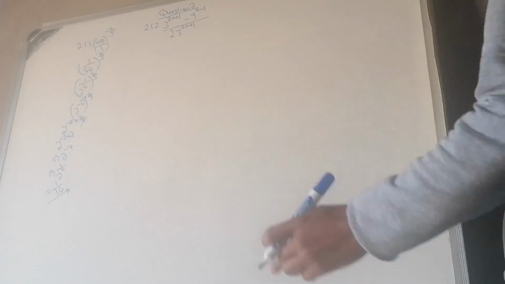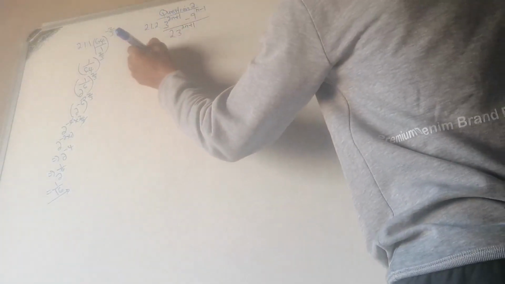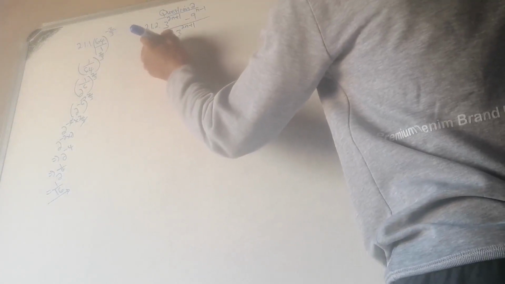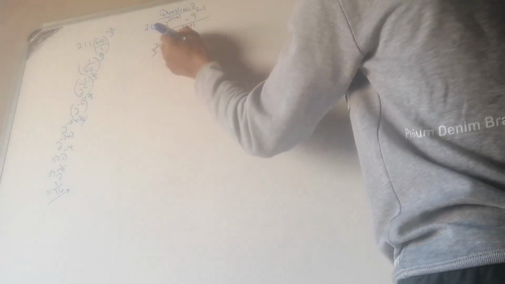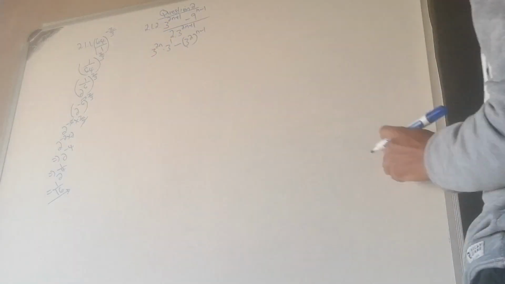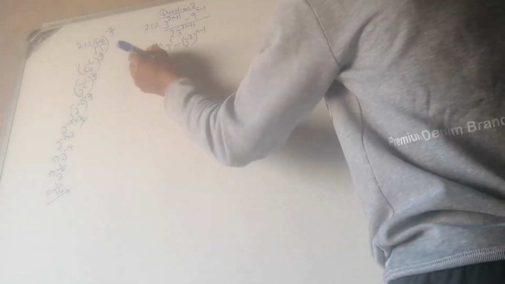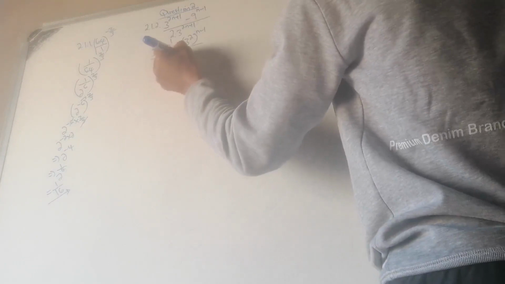I will start first by breaking this. This becomes 3 exponent 2n, 3 exponent 1, minus this becomes 3 squared, being multiplied by n minus 1, all over 2 times 3 exponent 2n, 3 exponent 1. Are we fine? Very good.